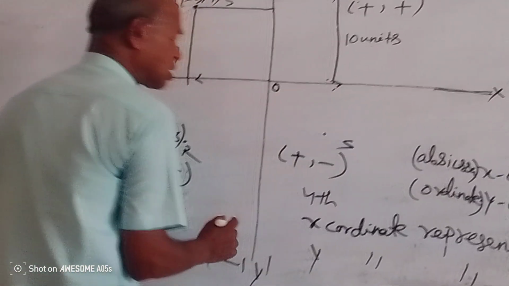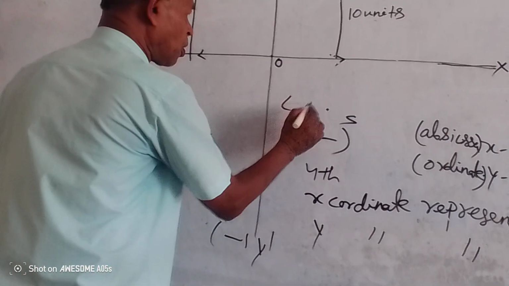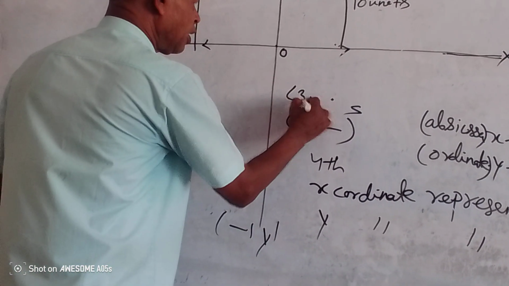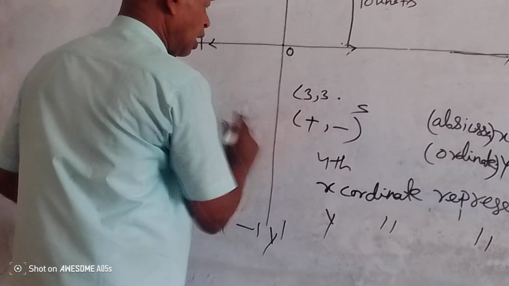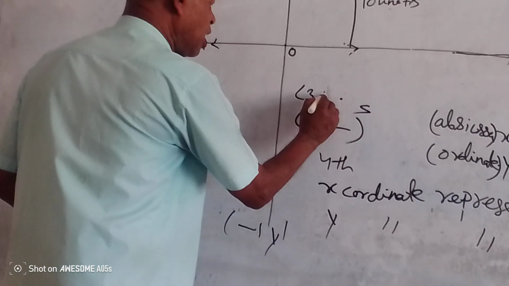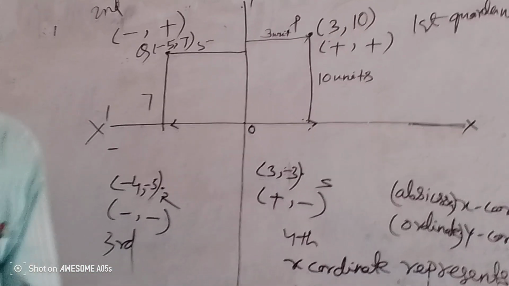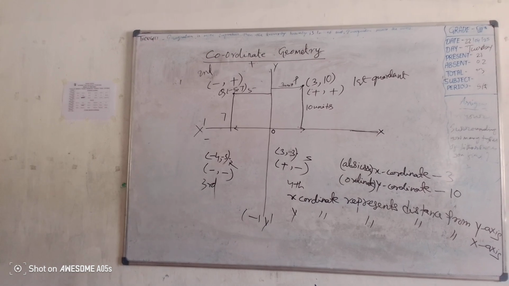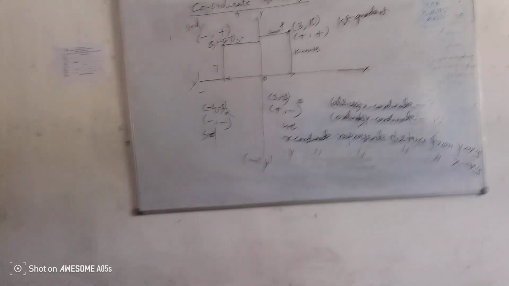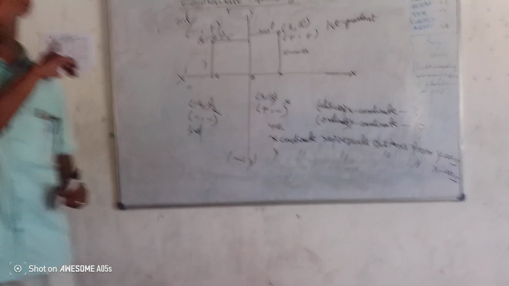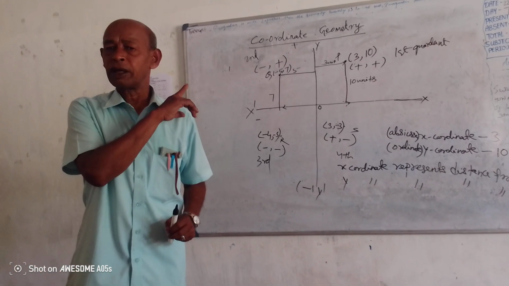And suppose this is the point S, so its coordinate will be, suppose it is (3, -3). So in this way you can decide the coordinates of a point. So are you clear? So today is only this one, okay.